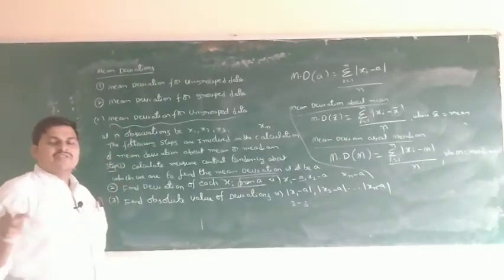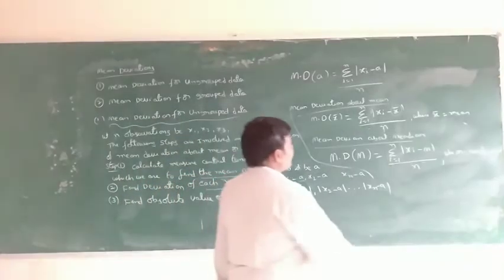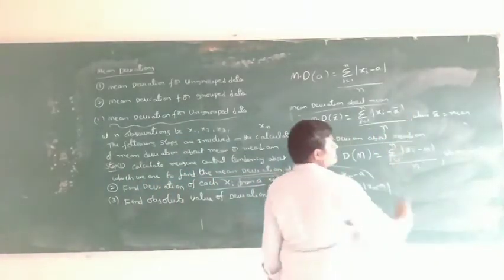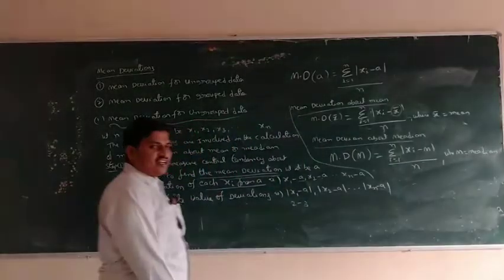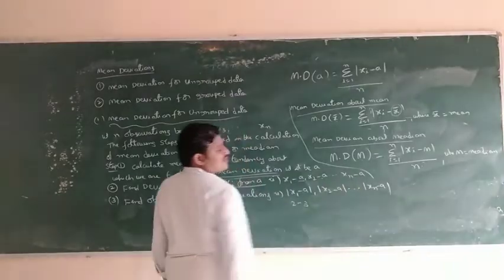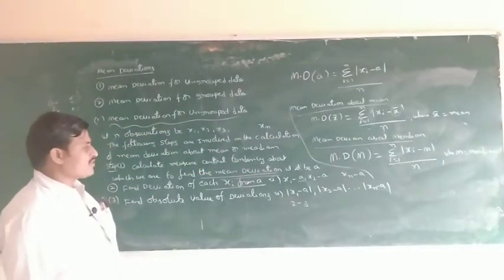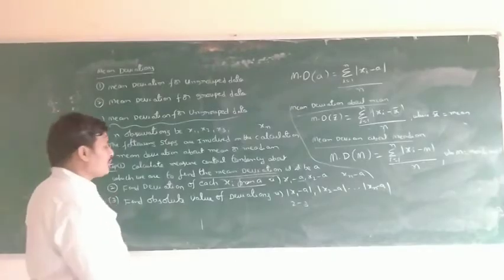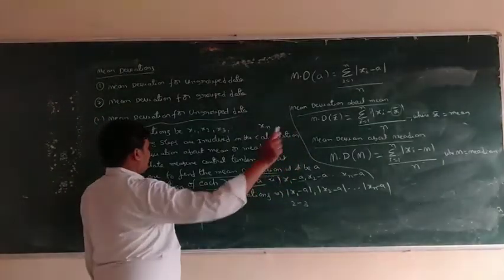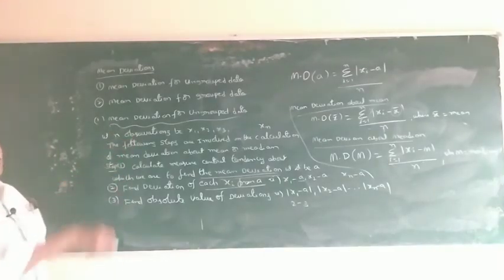Sum of the observations divided by the number of observations. Next calculate x1 minus x bar, first observation minus x bar, second observation minus x bar, and so on. Some of these values are negative, so find the absolute values of the deviations, using the modulus.